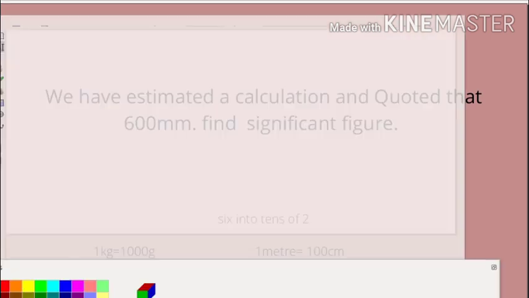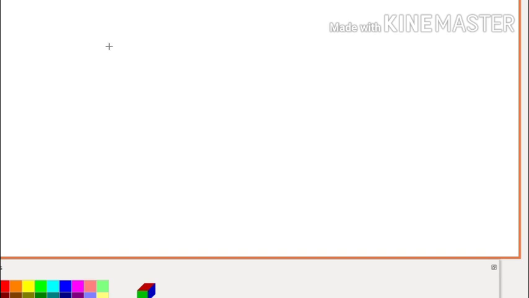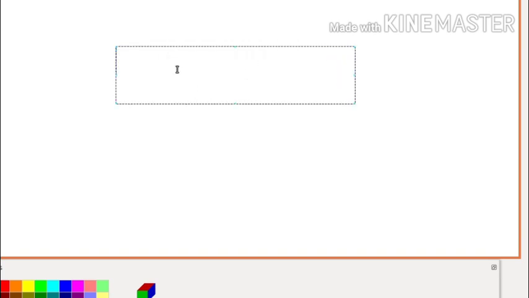Okay, I mean to say that 600 mm is equal to 60 centimeter is equal to 0.6 meter. Understand? Now the significant figure we are talking about, 6 is the digit which is appearing in the 3 measurements, so the digit 6 is significant.